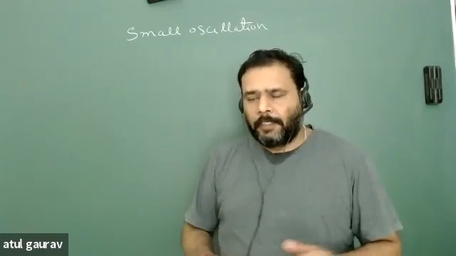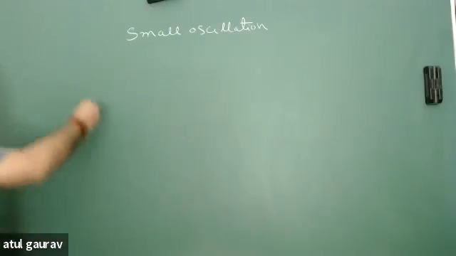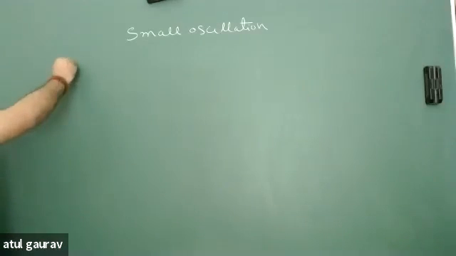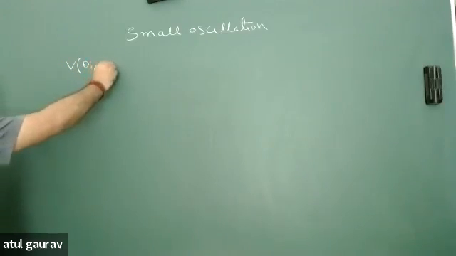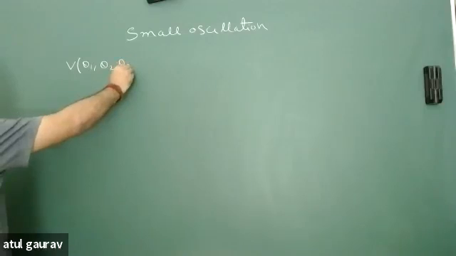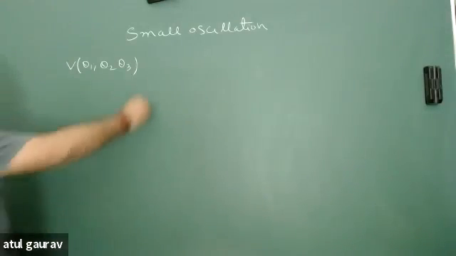So let's try to do some beautiful problem. Let's go for one wonderful problem, and let's go for a potential. This potential is given as V(theta 1, theta 2, theta 3), and theta 1, theta 2, theta 3 are the generalized coordinates.